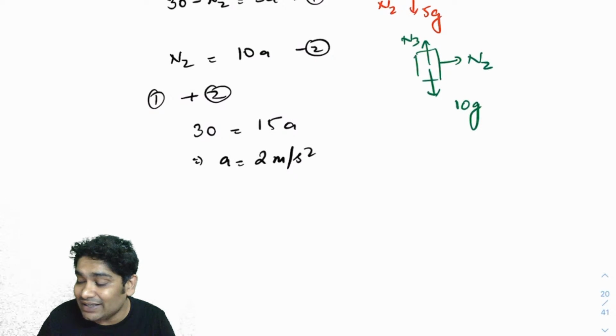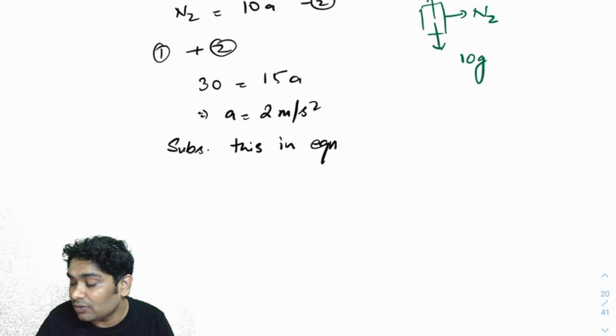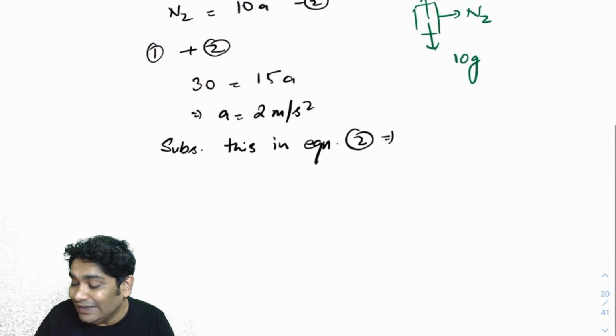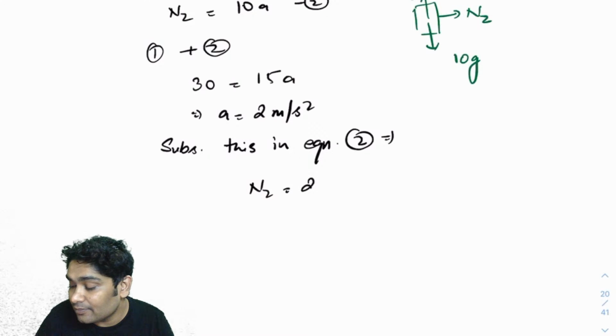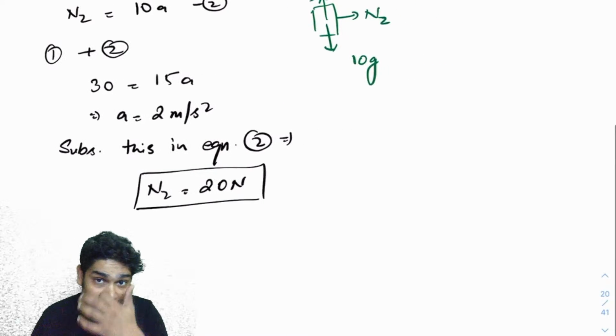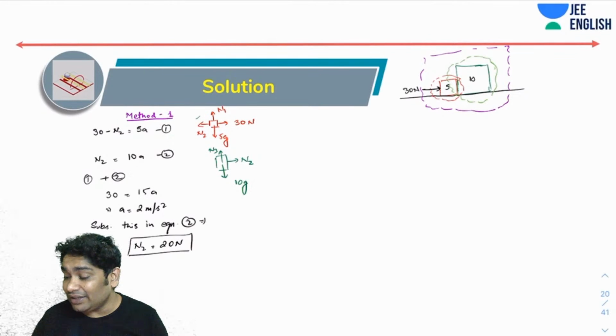If I substitute this into equation 2, then what do you get? You will get N2 equals 20. So that is the correct answer. I don't know what you guys were doing. You were telling me 10. Okay, so this is method number one.